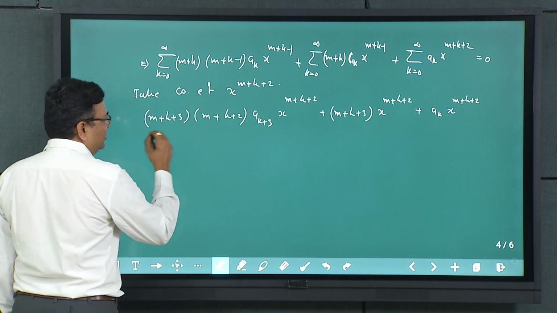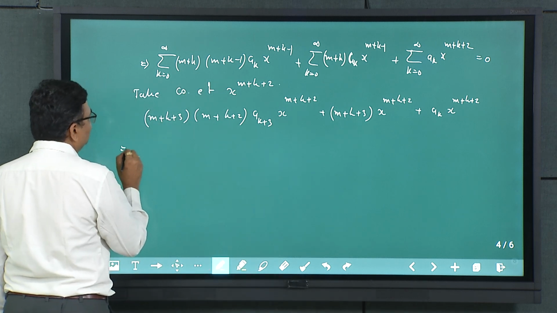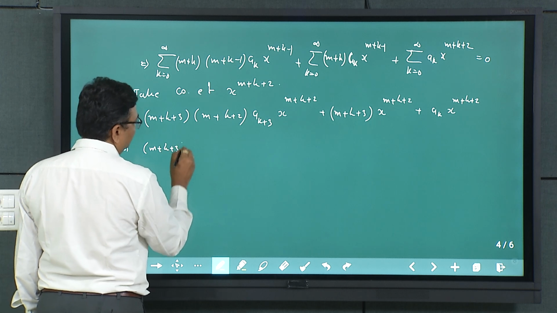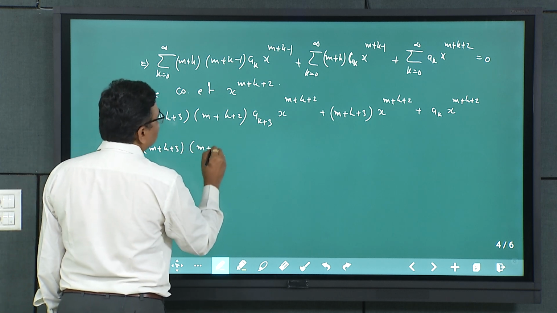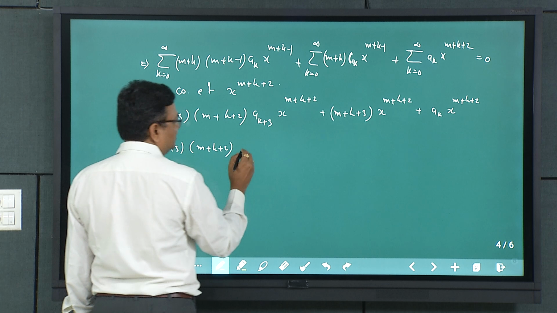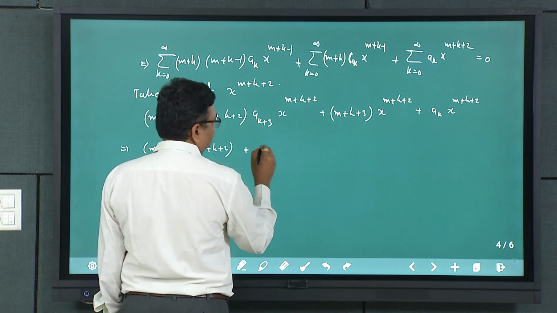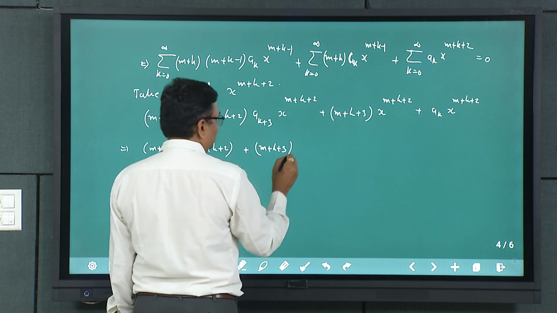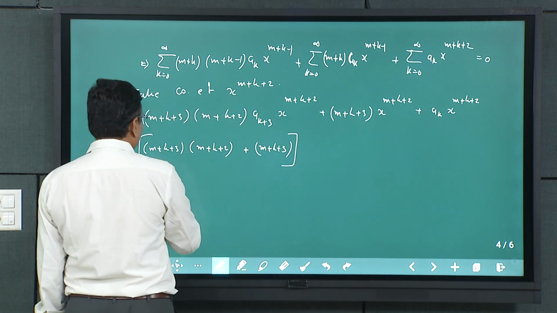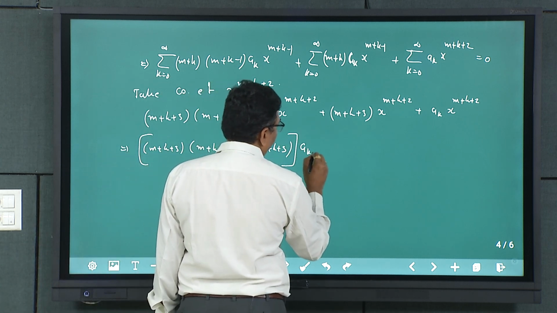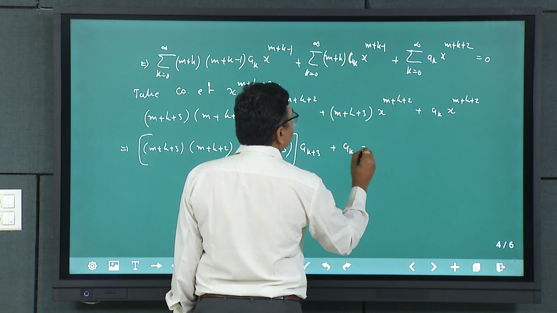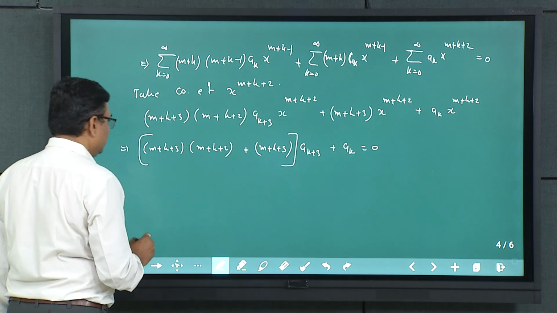Now take the coefficient of this equal to 0, so the coefficient will be (m+k+3)(m+k+2) a_{k+3} plus (m+k+3) a_{k+3} plus a_k, this is equal to 0, right.